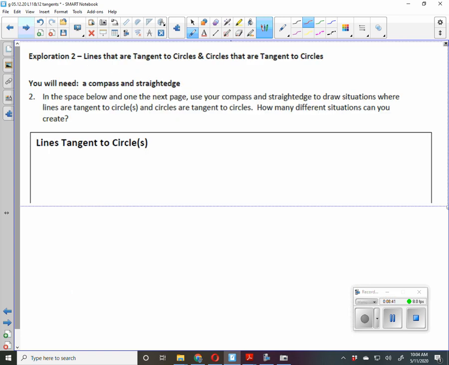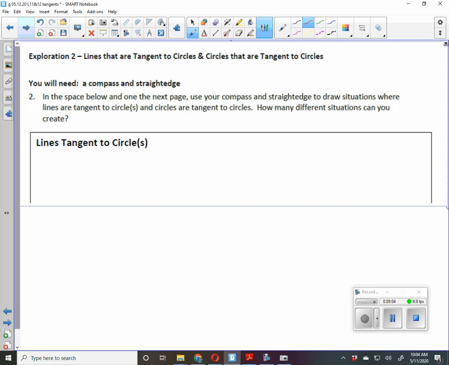More explanation, exploration. They said you need a compass and a straight edge. I don't think we need a compass and a straight edge. I think we just need to be able to play a little bit and see what's going on. They asked us to draw tangents and circles.